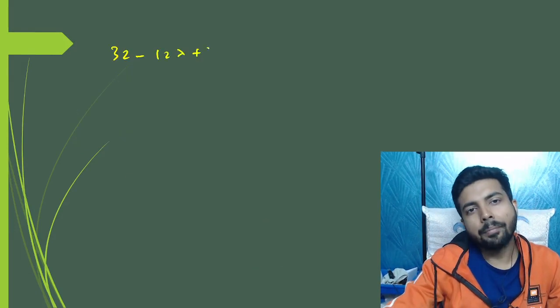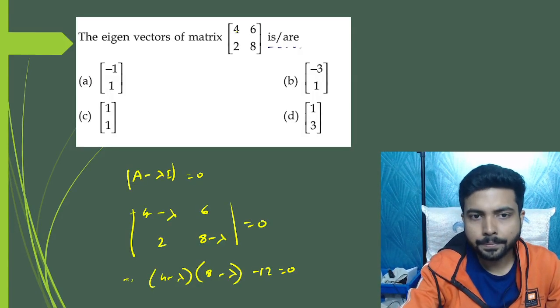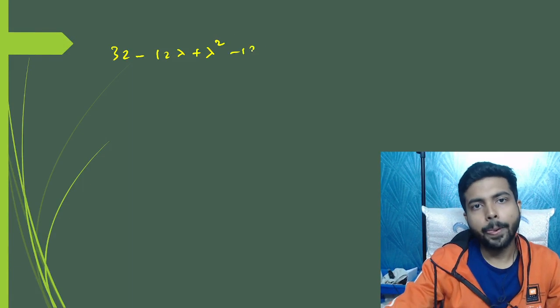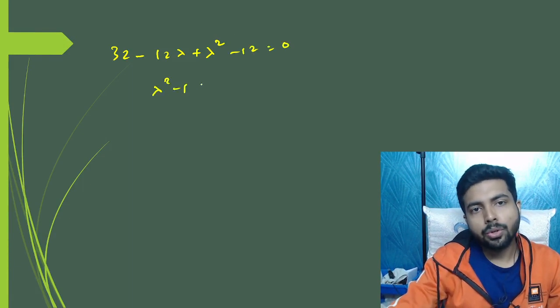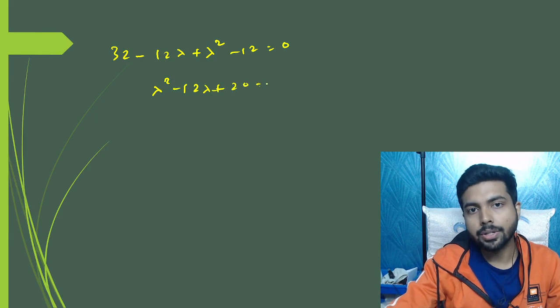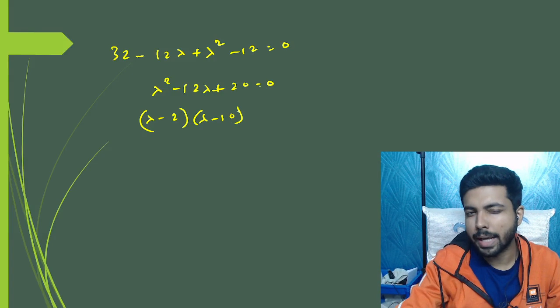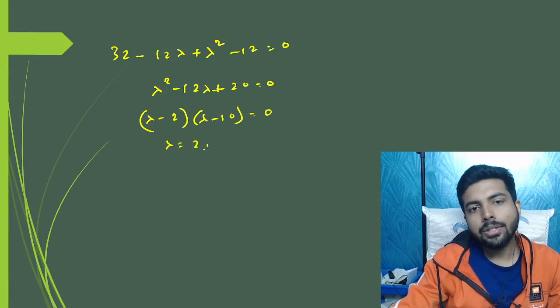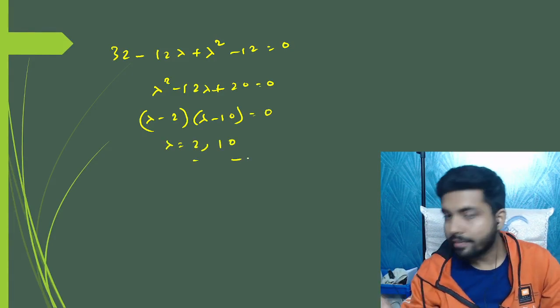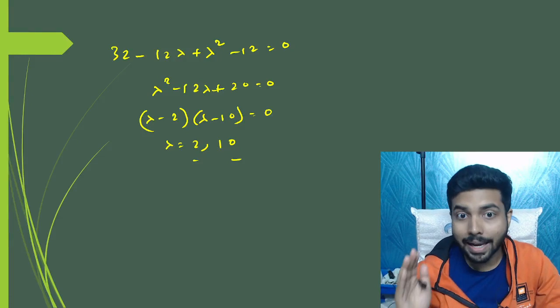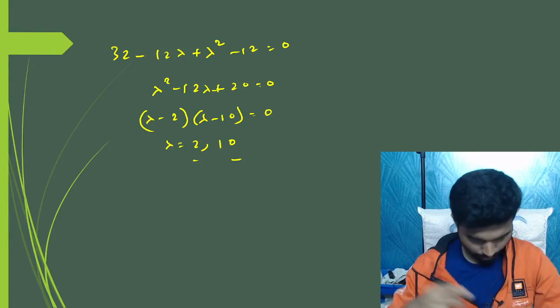So it's going to come like lambda square minus 12 lambda plus 20 is equal to 0. So lambda minus 2, lambda minus 10. So lambda is going to have two values if I'm not wrong. One value is 2, one value is 10. Please let me know if you are also getting the same value, yes or no.